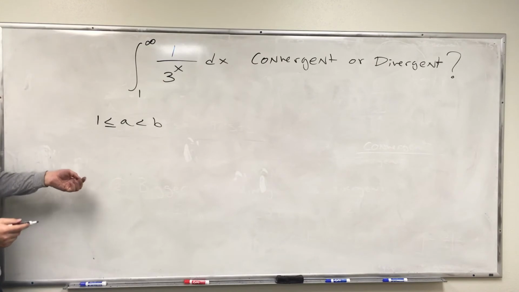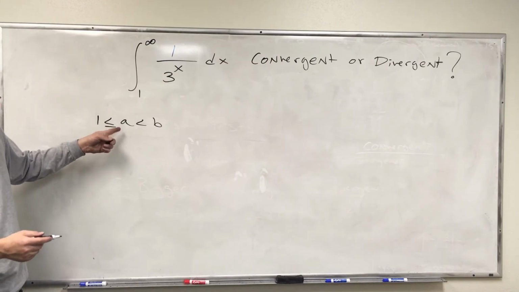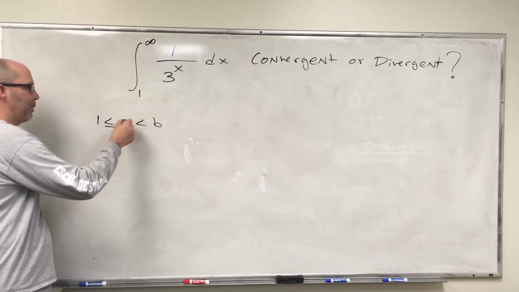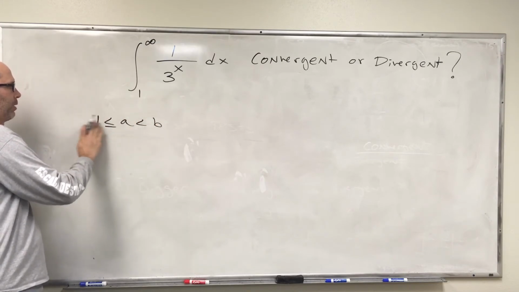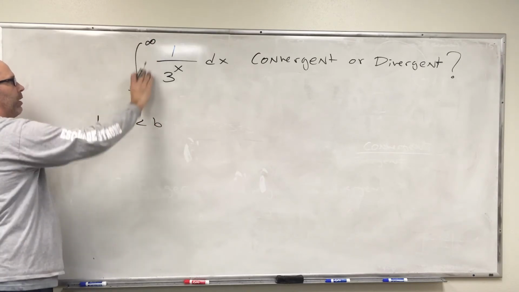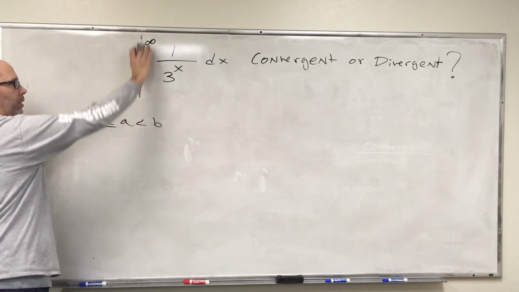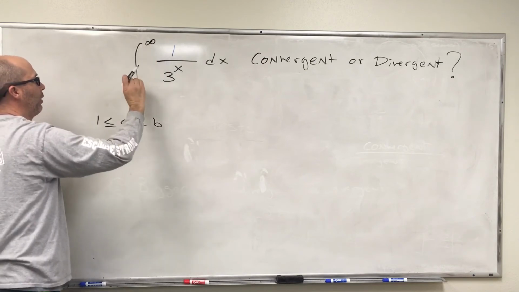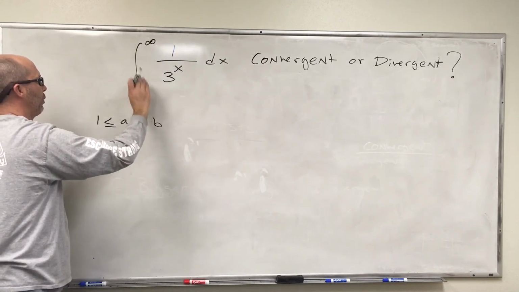Now consider, if you have two numbers, a and b, and a is greater than or equal to 1, and b is bigger than a. This part just means that we're in the domain that we're dealing with, greater than or equal to 1.